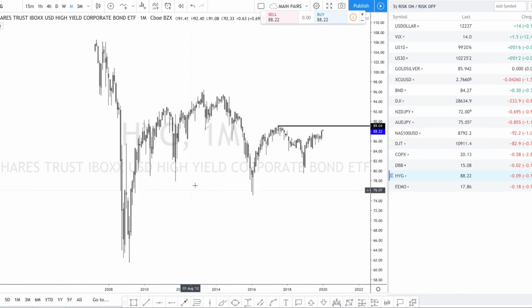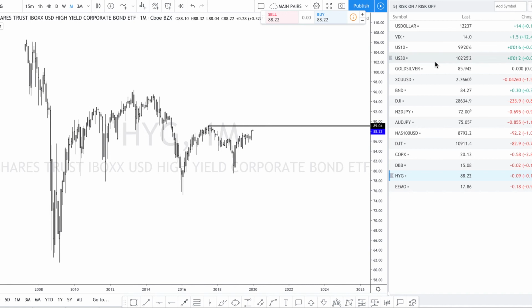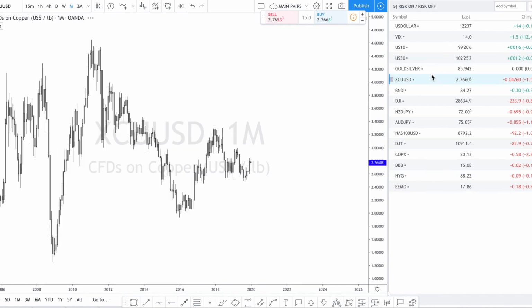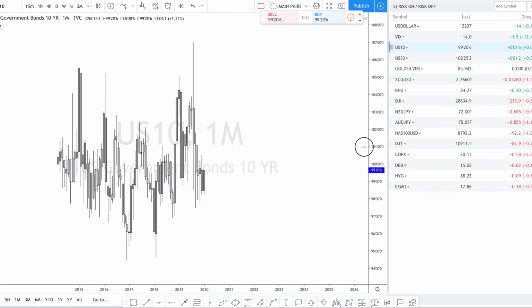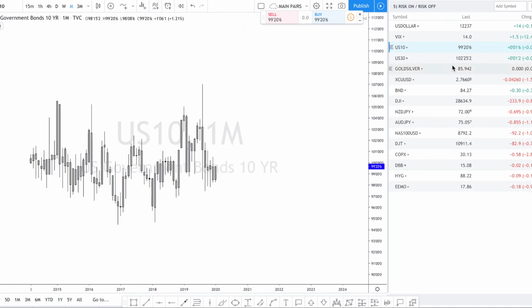The point I'm trying to make when I'm going through risk on and risk off is that more often than not, looking at all of them will show you whether overall we are more risk on or more risk off. Then it's your job as a trader to connect the dots.